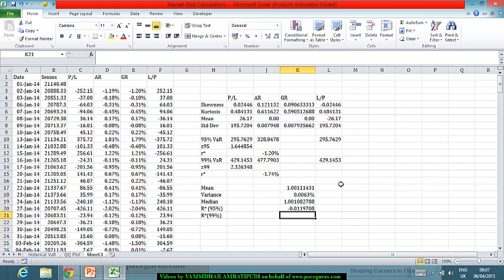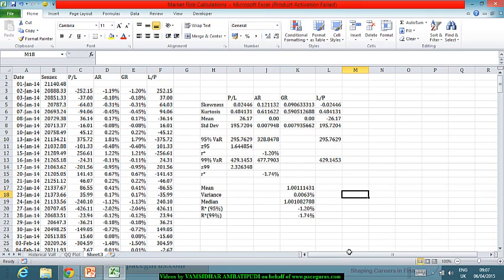This is the 95% R star, again close to 1.2% in this case also. Mean minus standard deviation times the Z99, giving me around minus 1.74%.